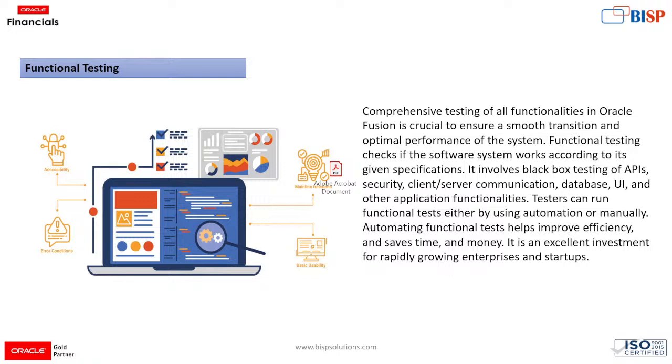So yesterday we have gone through that, and today in the functional testing, as a part of the data migration process to Oracle Fusion, it is important to test all functionality to ensure that it works as expected. This involves creating invoices, generating reports, and managing payrolls and all other relevant operations. By thoroughly testing these functionalities, any issues or errors can be identified and resolved before the system goes live.